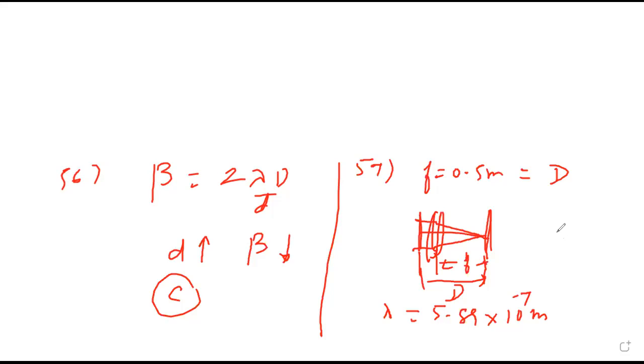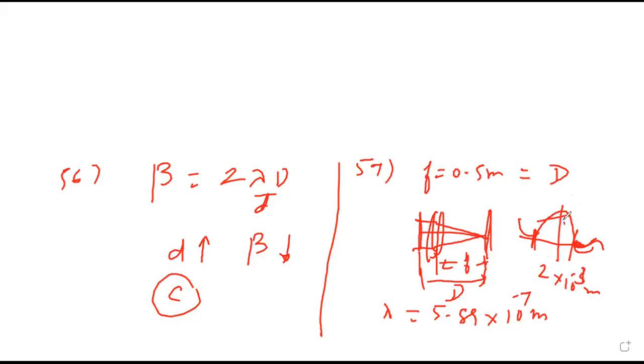Then find the width. The first minima starts from the center on this side, and this is the first minima. So the distance between the first minima is actually the width of the central maxima.